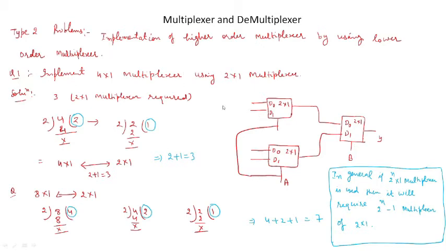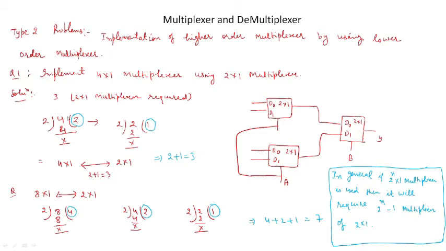So here you can see that we will require three 2 by 1 multiplexers for making a multiplexer of 4 by 1. How can we find this number? Now see, if we have to make a 4 by 1 multiplexer by 2 by 1 multiplexers, then we will divide 4 by this number and we will divide until we get the output 1.